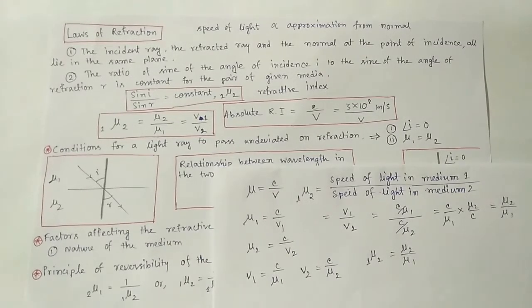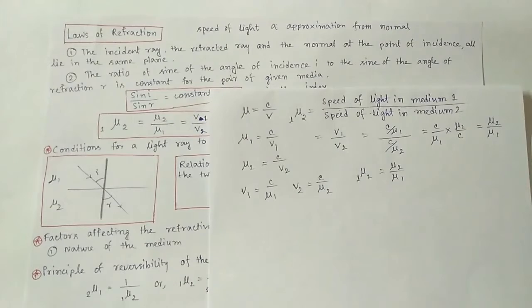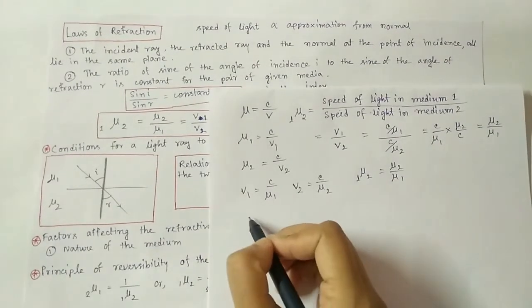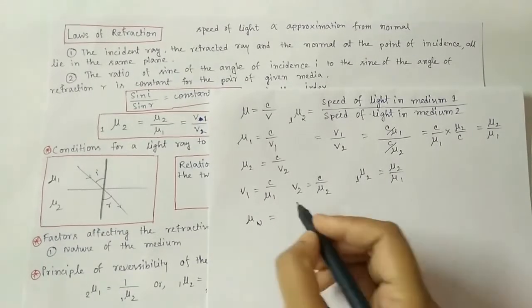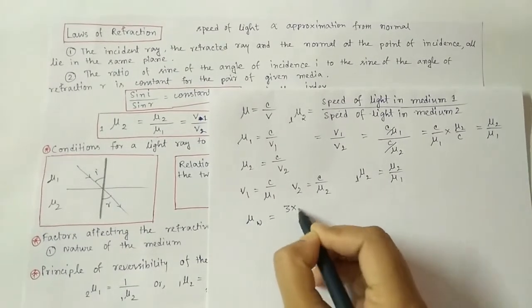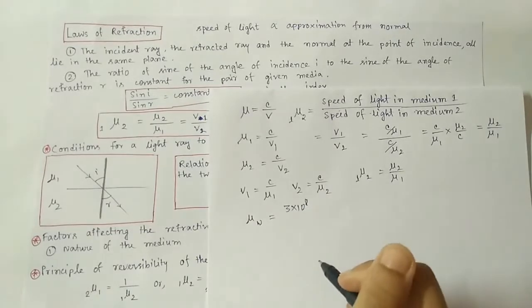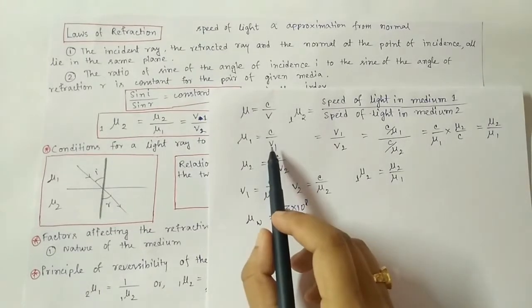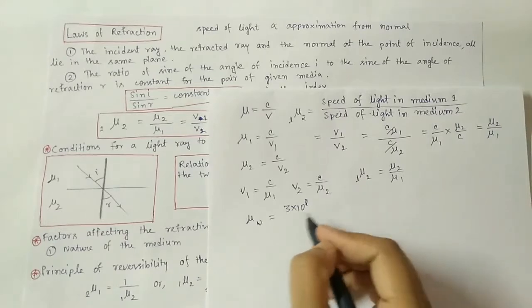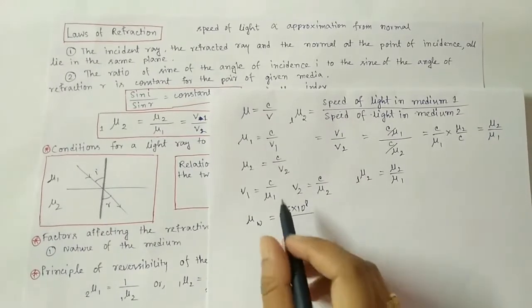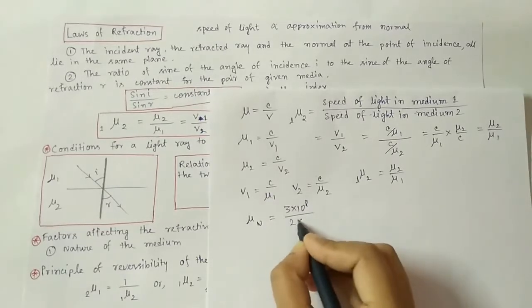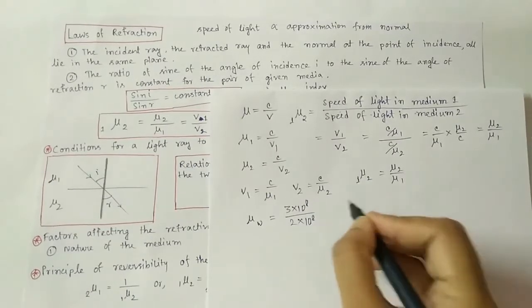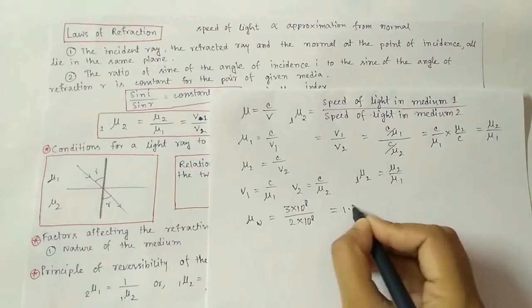For example, suppose you were to find the refractive index of glass with respect to air. We all know that the velocity of light in vacuum or air is 3 into 10 to the power 8 meter per second, and in glass the velocity of light will be 2 into 10 to the power 8. So the final answer will be 1.5.